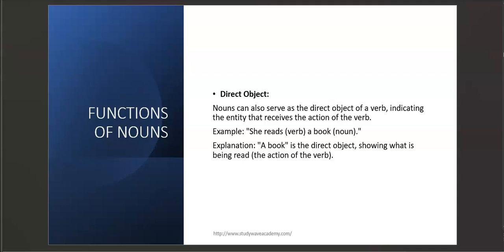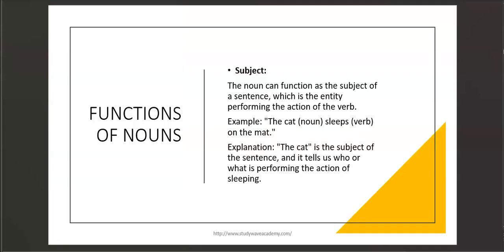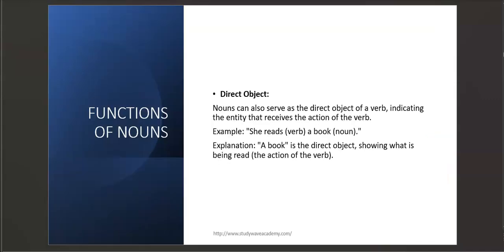So it's the entity that receives the action. What is being read, or what is receiving the action of reading, okay? You find that book is the one that is receiving this action, reading. So therefore, book is your noun in this sentence. So notice the difference between a noun being the subject of the sentence and a noun being the direct object.